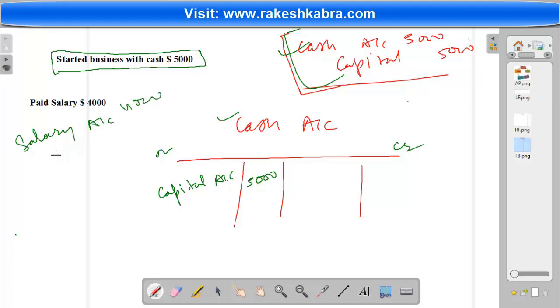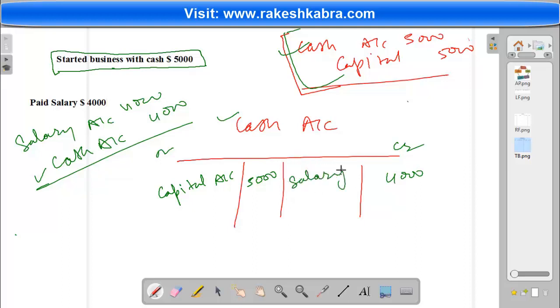And cash has gone out, so cash account will be credited, credit what goes out. So this is the entry. Now in this entry, cash account is credited, so this entry will be posted on the credit side of cash account. On its credit side, write down the amount 4,000. The name of the opposite account is salary.